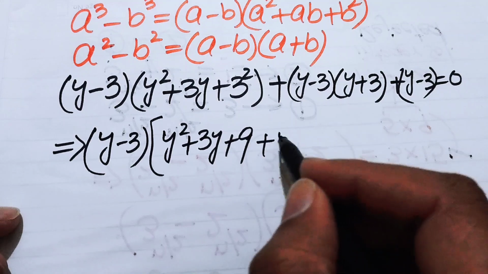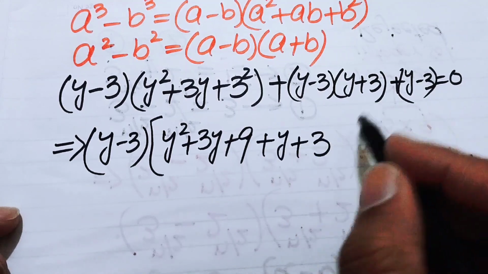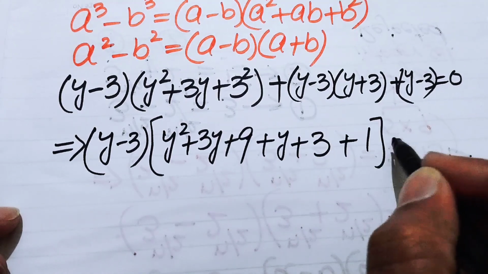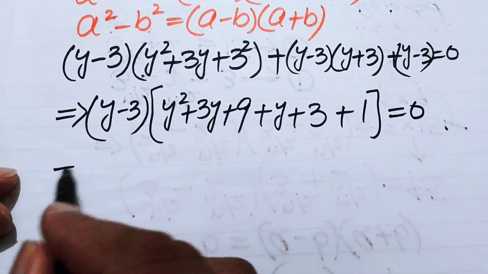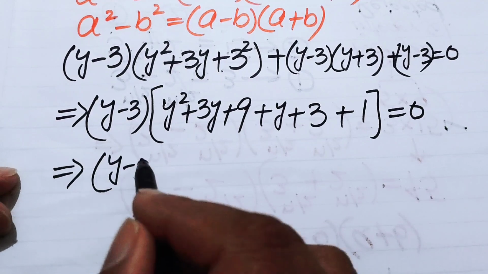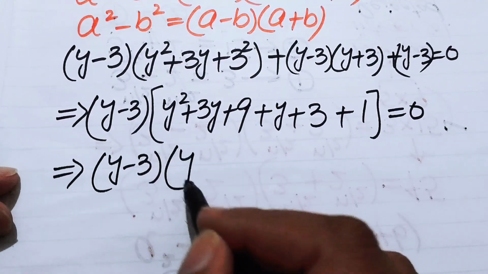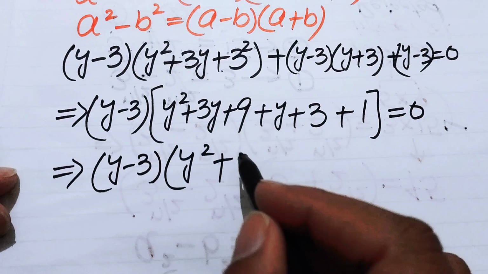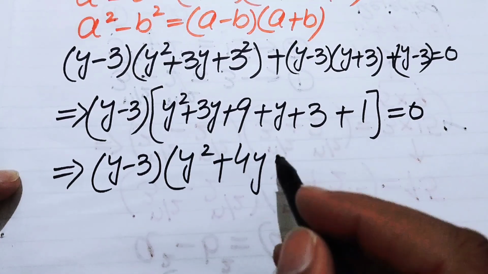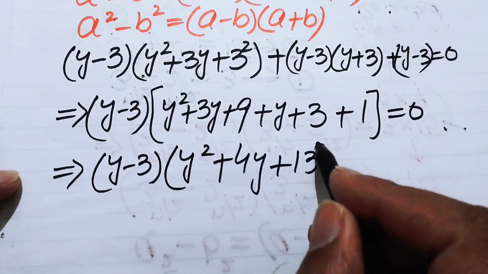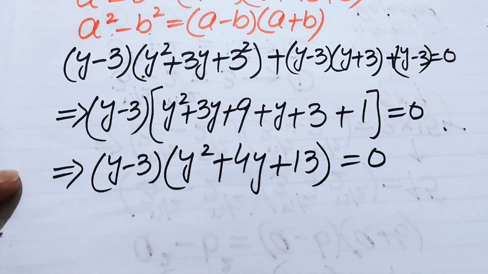Here you obtain y plus 3, here you have plus 1 equals to 0. So now we can rearrange the terms, and we get y minus 3 times y squared plus 4y plus 13 equals to 0, since 3y plus y is 4y, and 9 plus 1 is 10, and 10 plus 3 is 13.